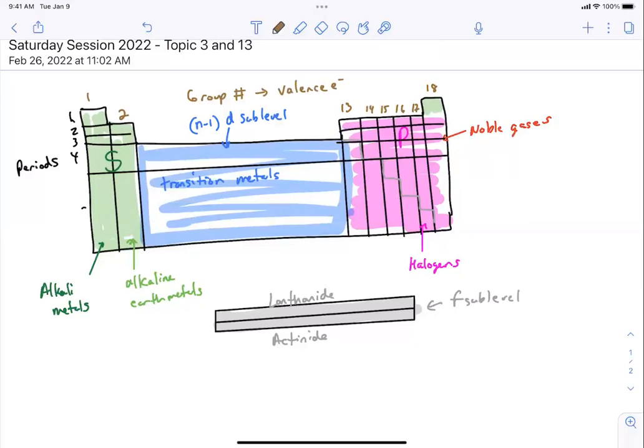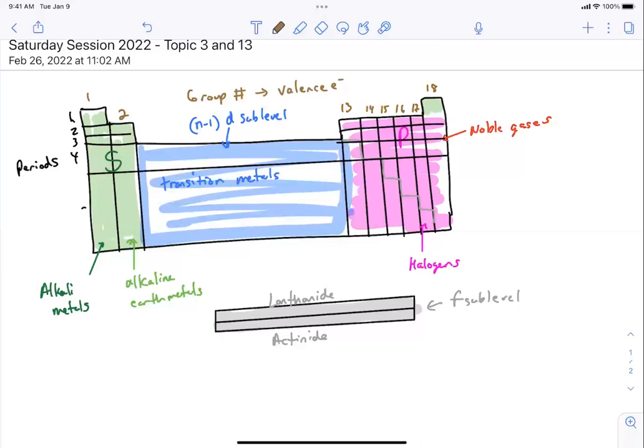Okay. Questions? Oh, there's one where there's an exception in the D sublevel. I remember there was one IB question where they would ask you it because it makes you think of several different things. What question was that again, if you remember? Yeah, that was copper +1.